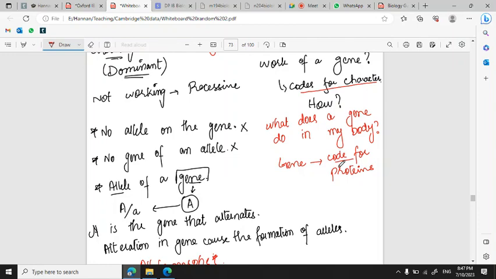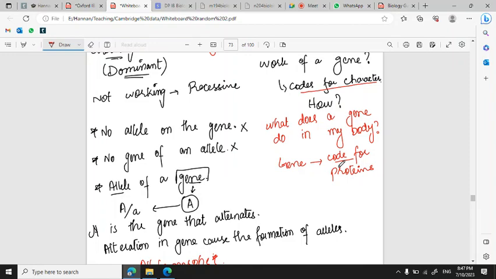Remember my words, there is no protein currently in my body that is defined without a gene. It is not possible that there is a protein made in my body but there is no gene present there.